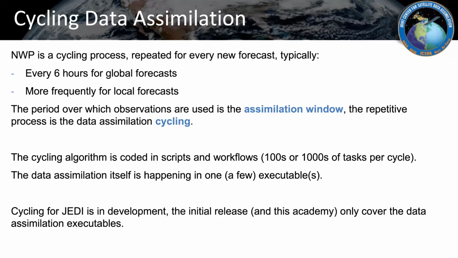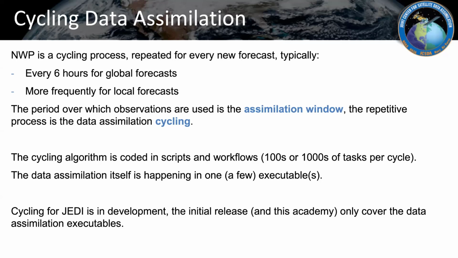Just to be a little bit clearer about the scope, the cycling algorithm is actually coded in scripts and in workflows. And that might include hundreds or even thousands of tasks per cycle that have to run on HPC systems. And the data assimilation itself, whether it's ensemble or variational, is happening in one of a few executables.